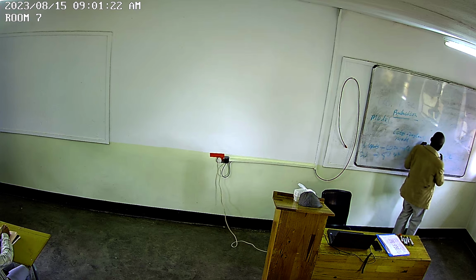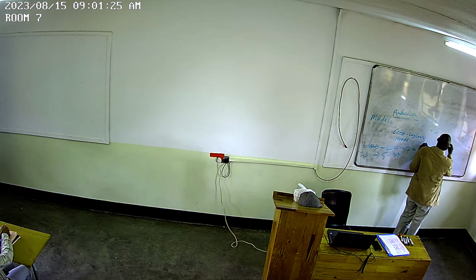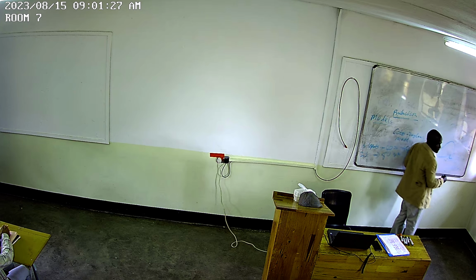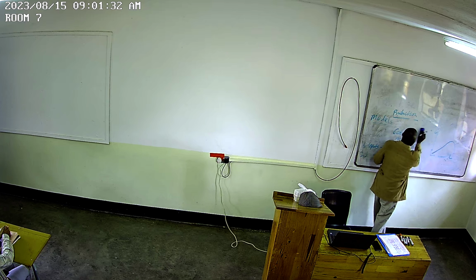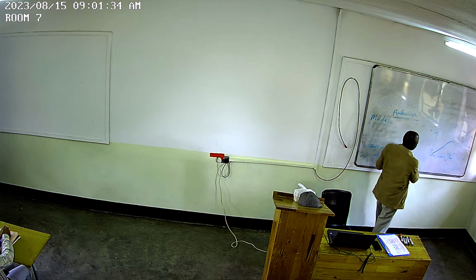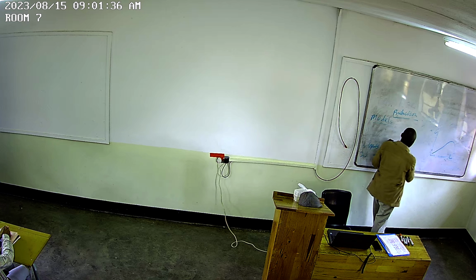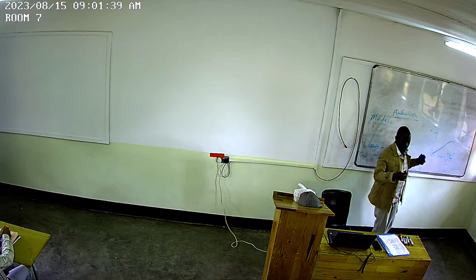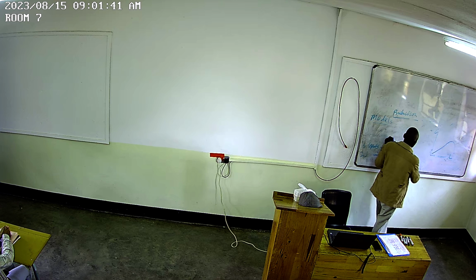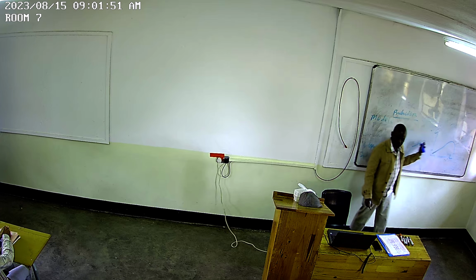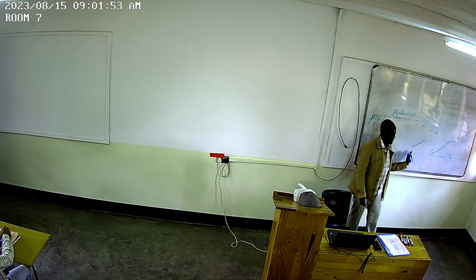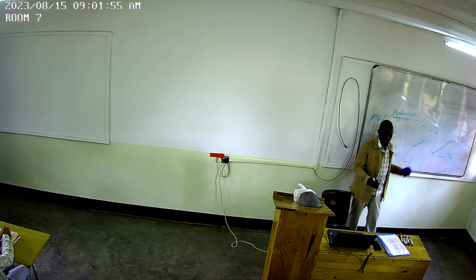It can either be like this, for example, or you can have several peaks, like very sharp, and then you can have all shapes of relationships as you increase your inputs.